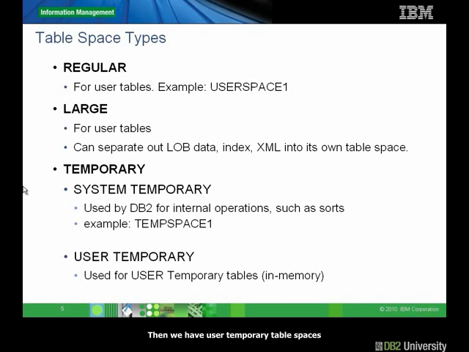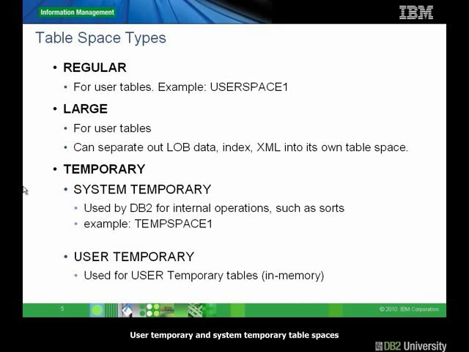Then we have user temporary table spaces, and these are used for temporary tables created with the declare global temporary table statement or the create temporary table statement. We will talk more about these temporary tables in the lesson about working with database objects.